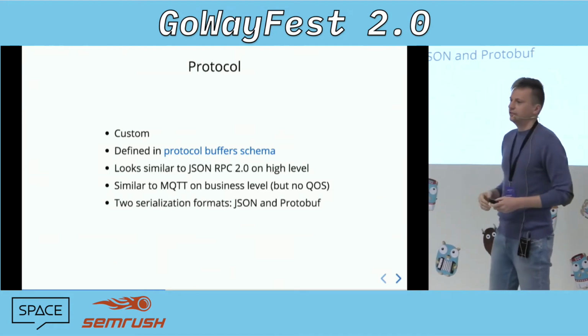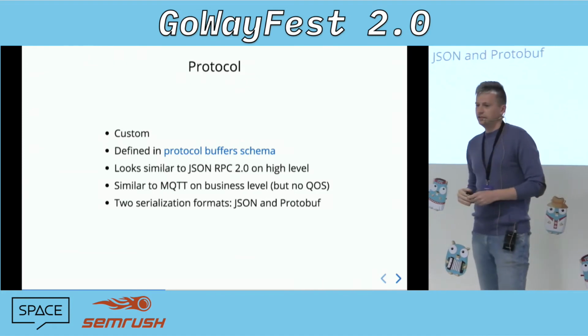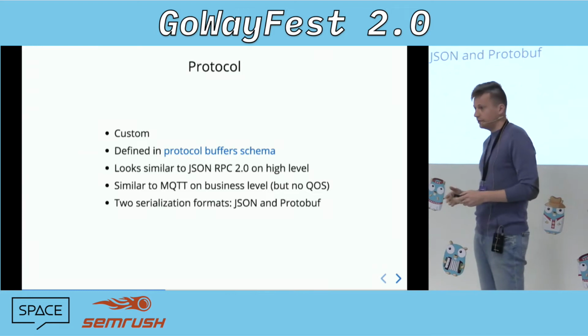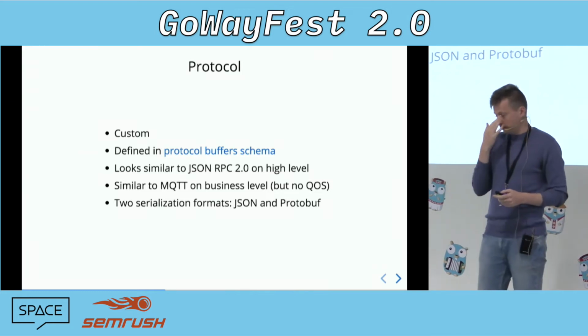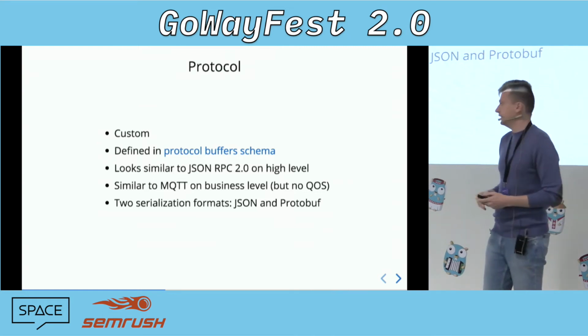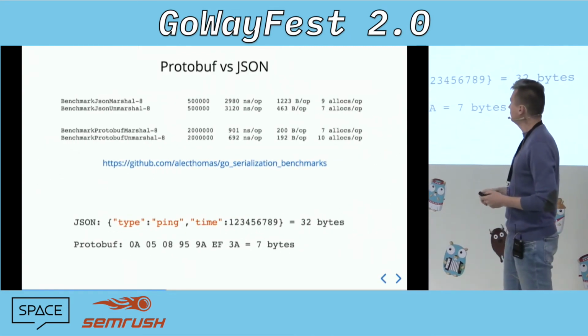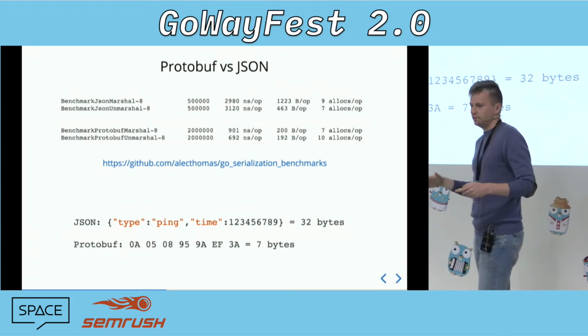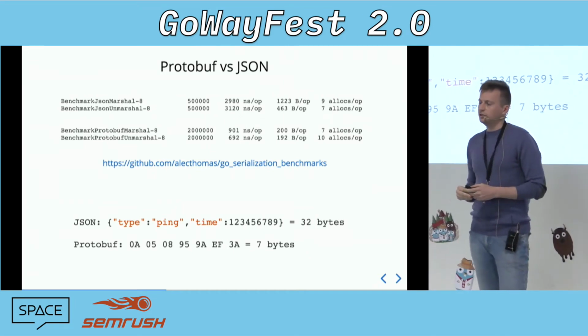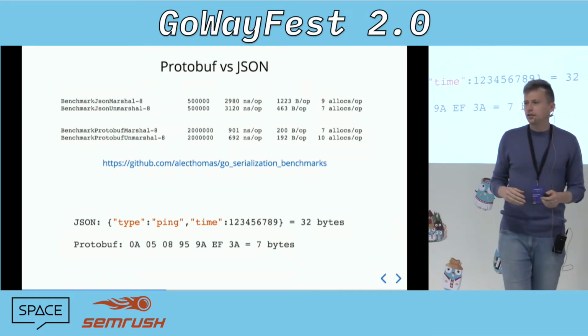There are 2 serialization formats at the moment supported. It is JSON and protobuf, protocol buffers. Developers who are using Centrifuge can choose which one they want to use in each concrete case. It's a known fact that protocol buffers are much more performant than JSON in terms of serialization speed.